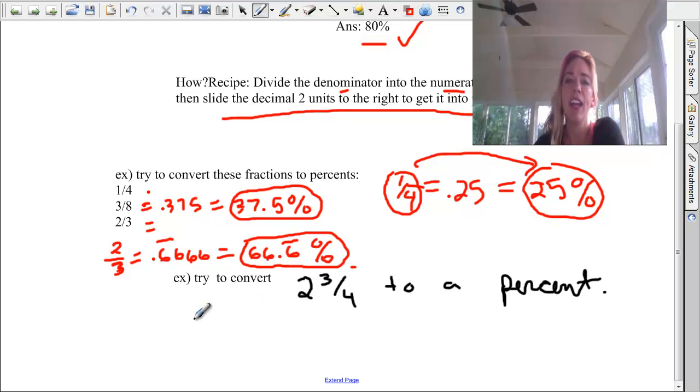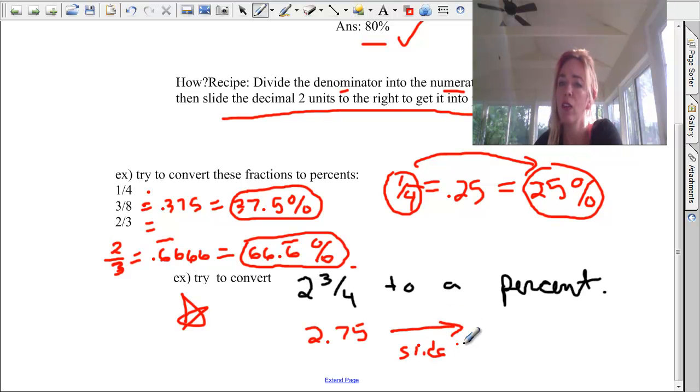All right, now this last one. This is a fun one. Try to convert 2 3/4 to a percent. Well, you may know in your mind that 3/4 is 0.75. So you might say, all right, I'm looking at a mixed number, so I'm looking at 2.75. But you're still following that strategy of slide to the right. 1, 2, and then place the percent symbol.